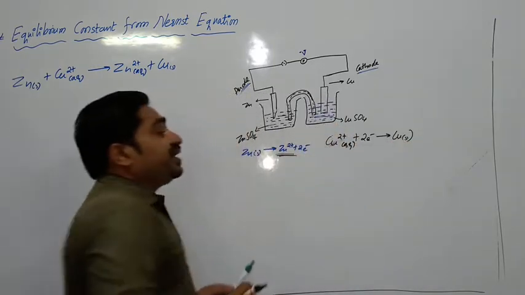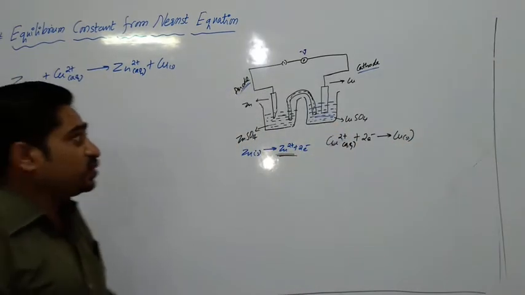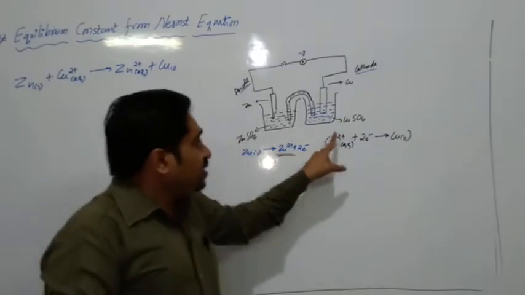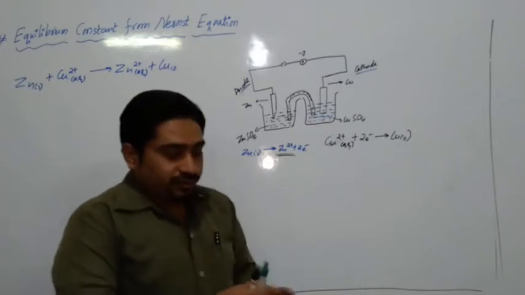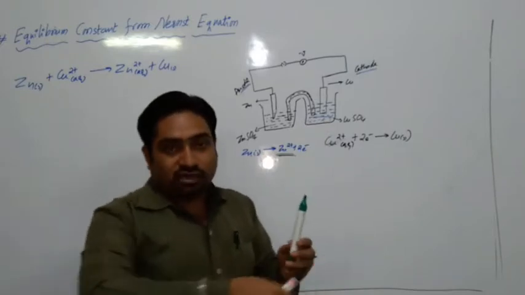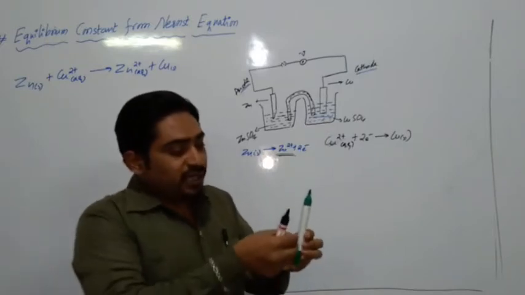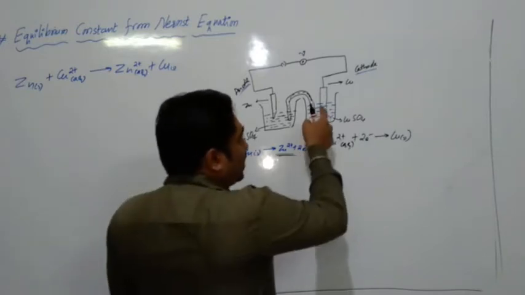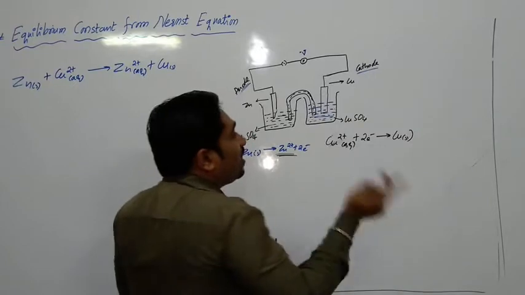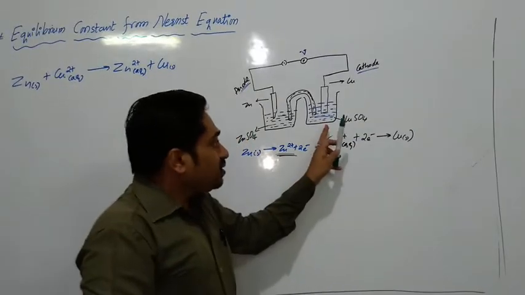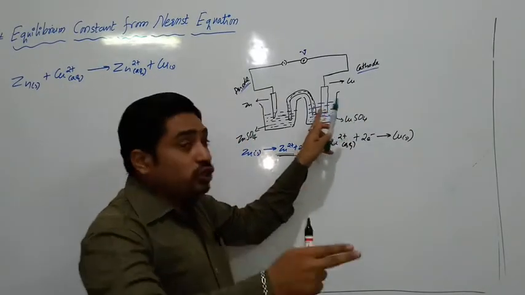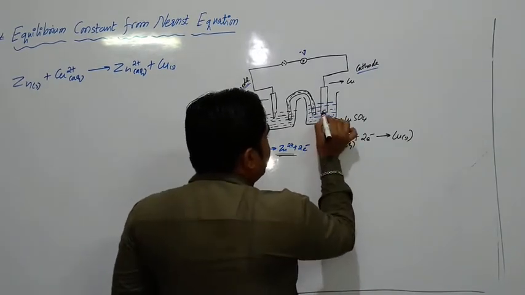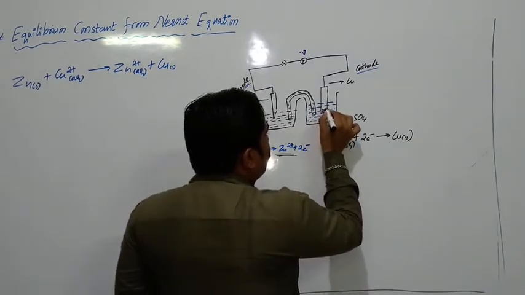The Cu2+ ions present in the solution come near to the electrode or copper strip. They get 2 electrons from the copper strip and are reduced, meaning copper ions are converted into copper atoms. As copper ions are converted into copper atoms, they are deposited on the copper electrode.